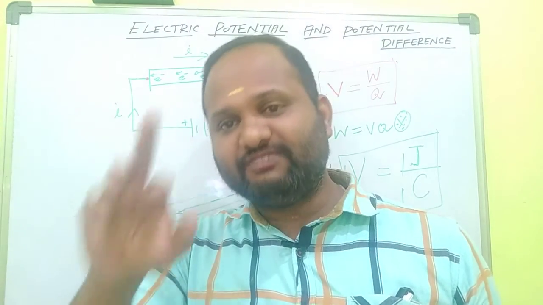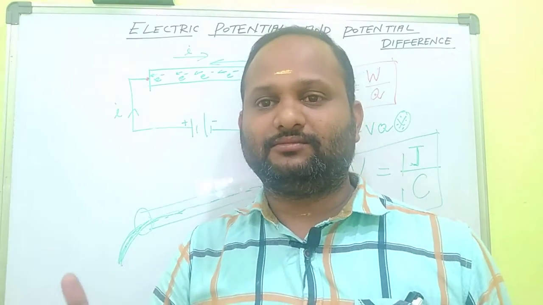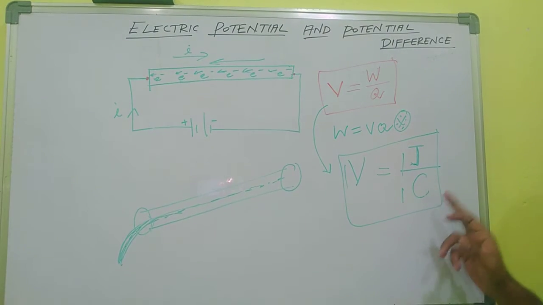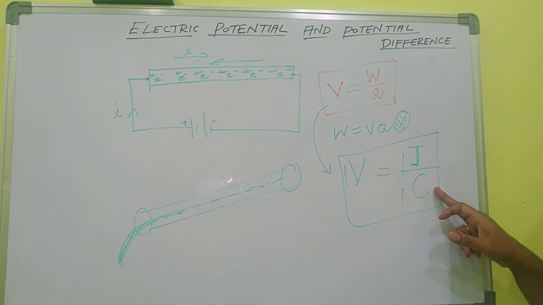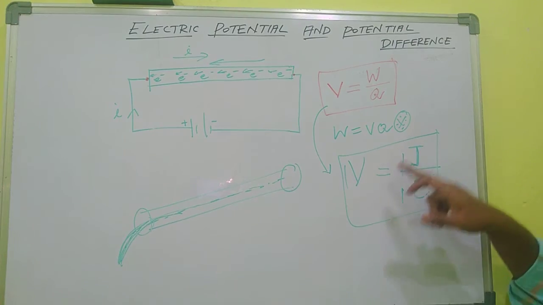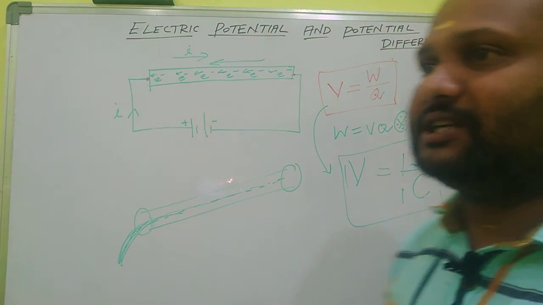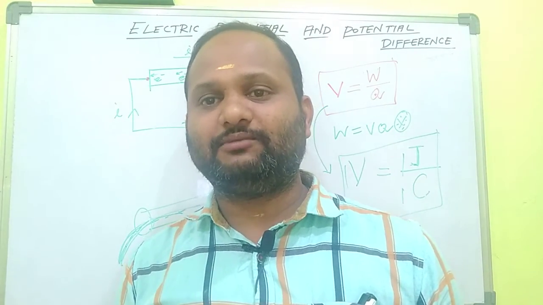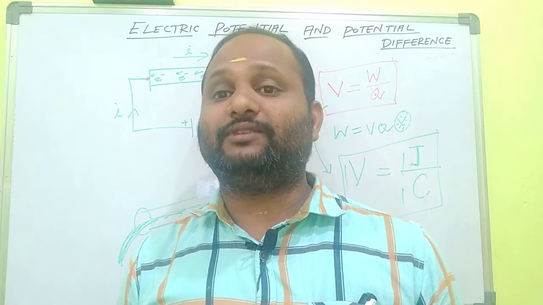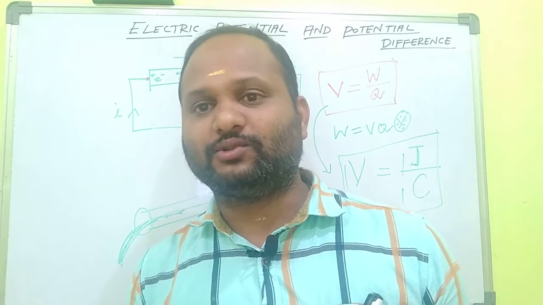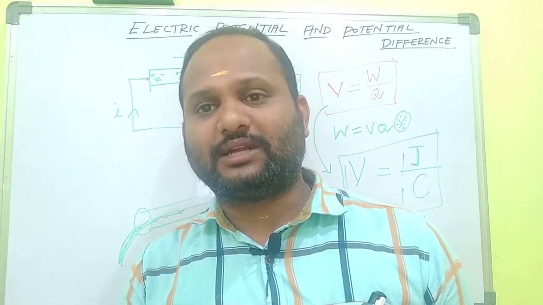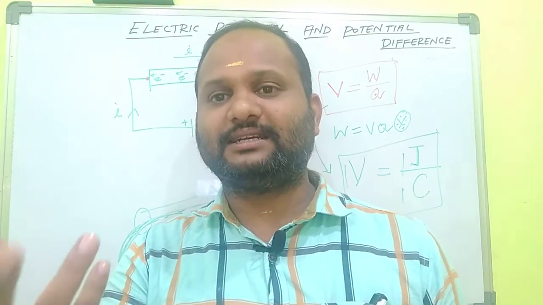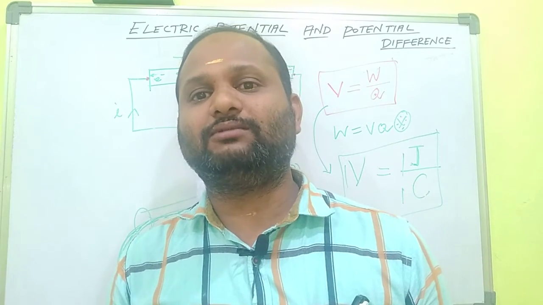That makes the potential difference between the two ends 1 volt. That is the definition of 1 volt, and it is one of the important questions here. Understand the concept and try to define it yourself. That is the correct way of learning. So 1 volt is equal to 1 joule by 1 coulomb.